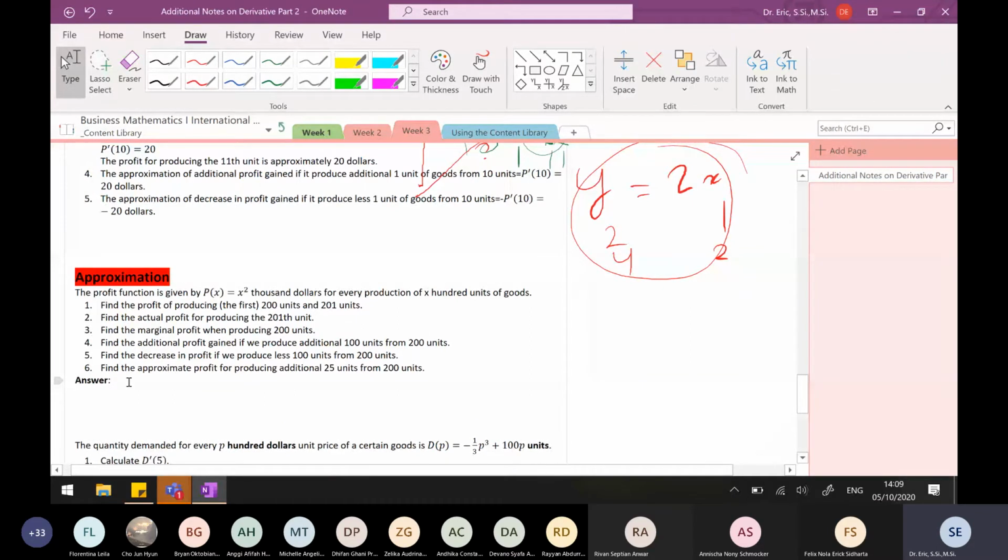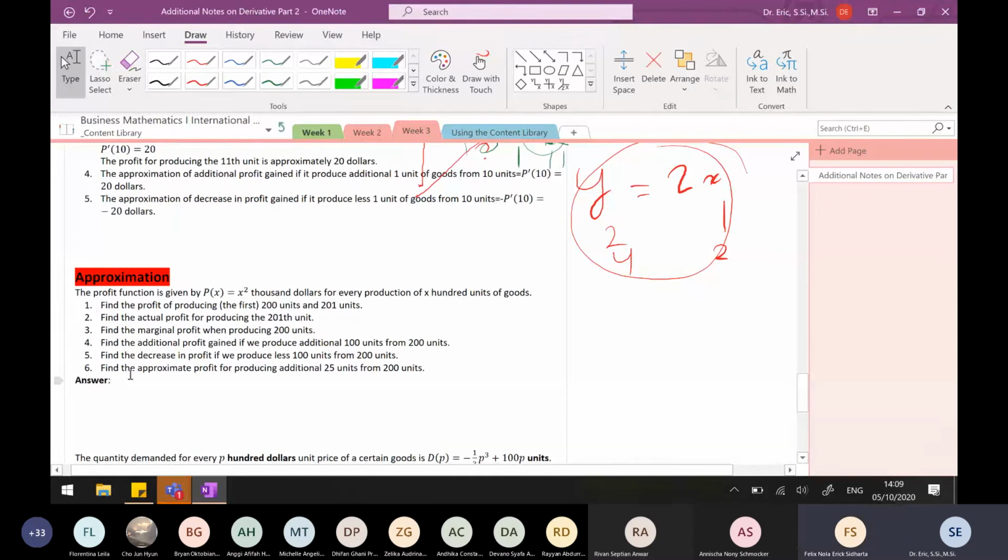Okay. My bad. Sorry. This one. The profit is given by P(x) equals x squared, in $1,000 for every production of x times 100 units of goods. Find the profit of producing the first 200 units. What is this? P(200) and P(201)? No. Look at the units. So you don't look at P(200).